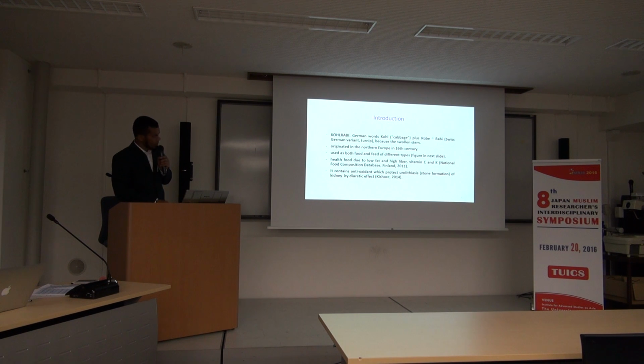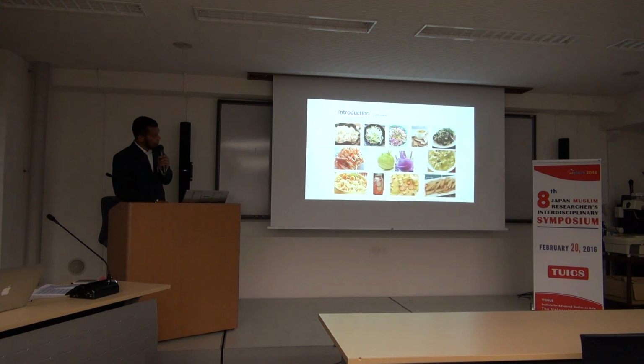It also contains some herbal components which protect against stone formation in our kidney. As a new food for the Japan region, I show some recipes. In the Indian region it is popular as curry and sharks, and most are salads. It is also used fried, like French fries, and boiled, pickles, and soups.